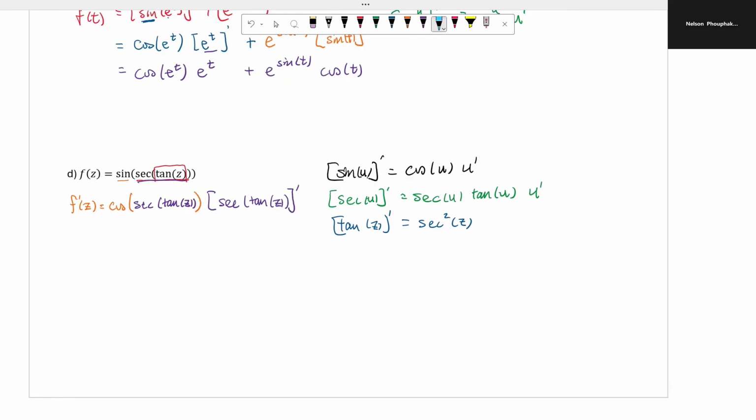Now I will just copy this down. So I have cosine of secant of tangent of z.